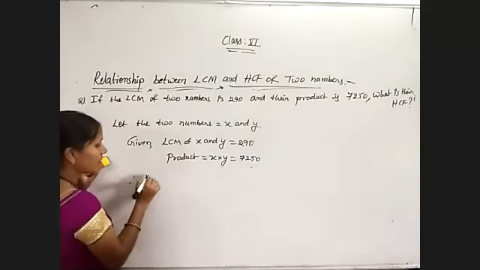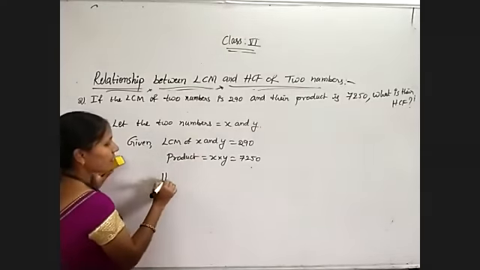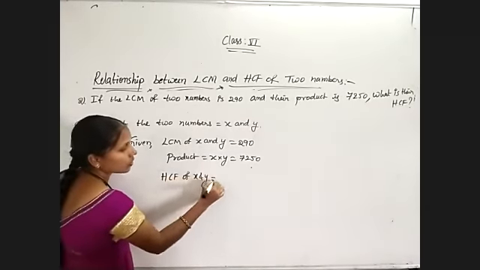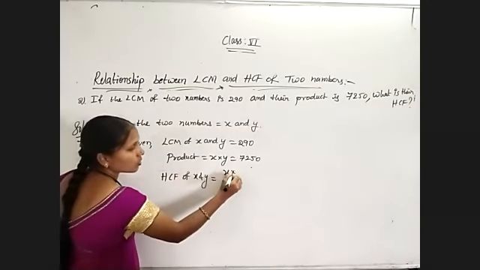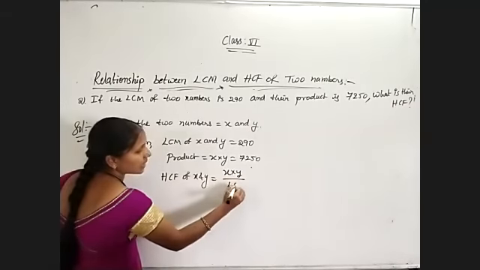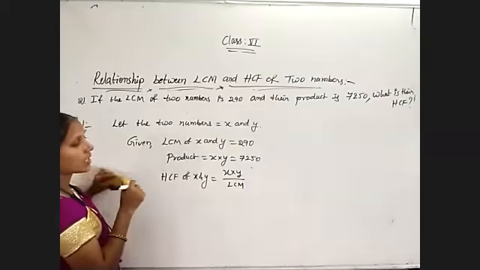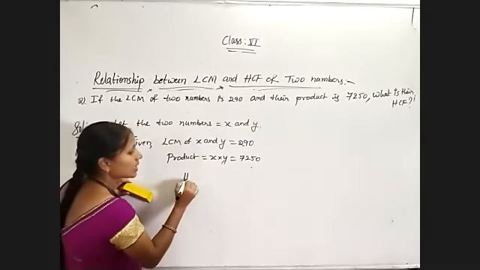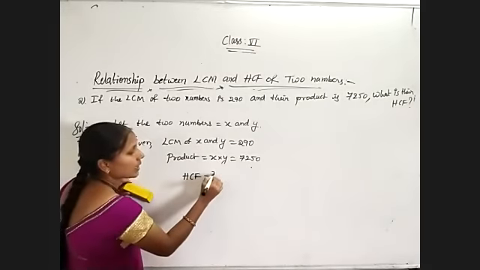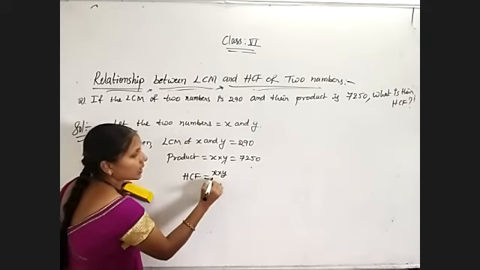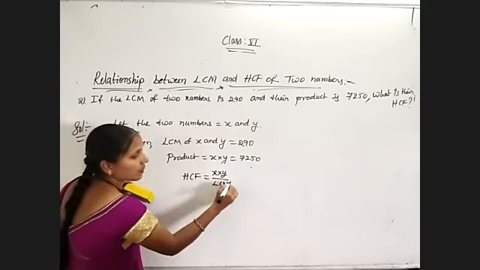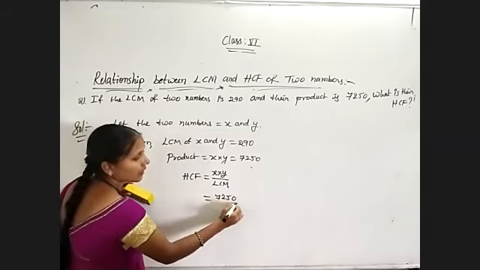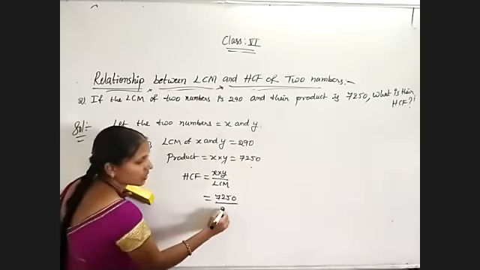So HCF of x and y is equal to the product of those two numbers divided by their LCM. We have this formula just now, I have written it beside also. So HCF is equal to x into y, the product, by LCM. That is x into y, 7,250, divided by LCM, 290.